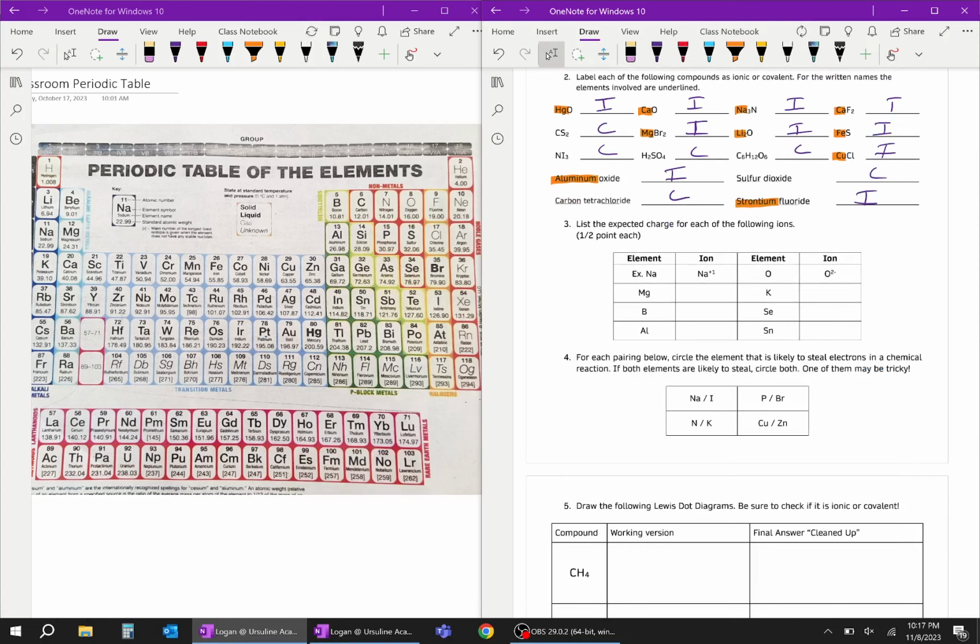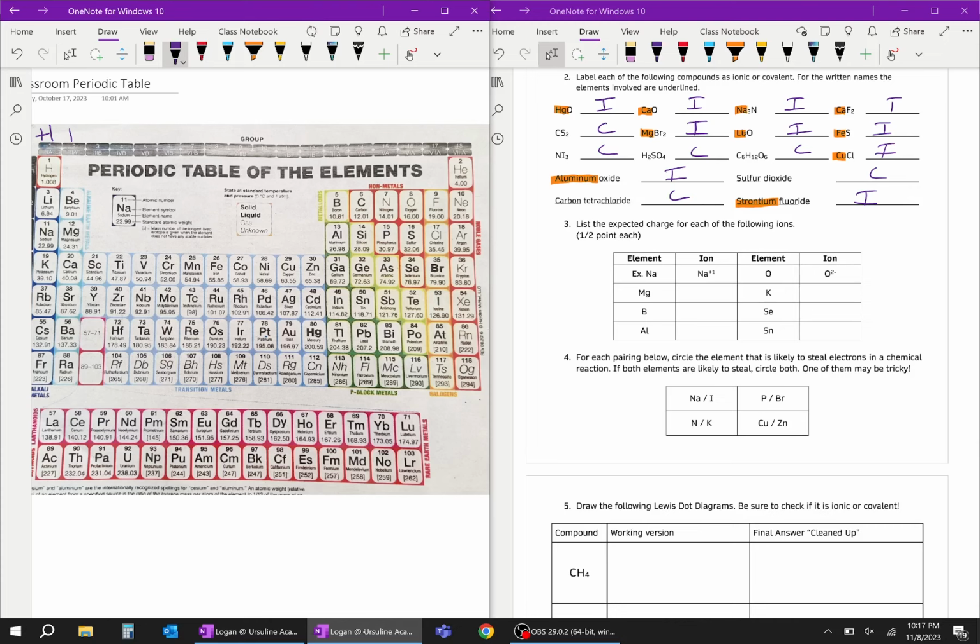List the expected charge for each of the following ions. Remember, substances that have 1 valence electron are likely to have a positive 1 charge. Substances with 2 valence electrons will always react in a way where they lose those 2 electrons, giving them a positive 2 charge.